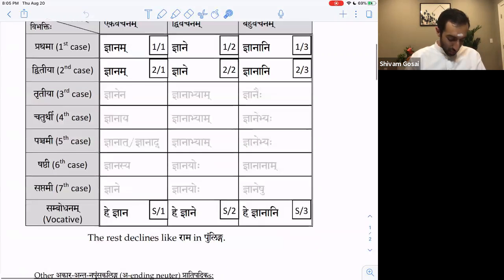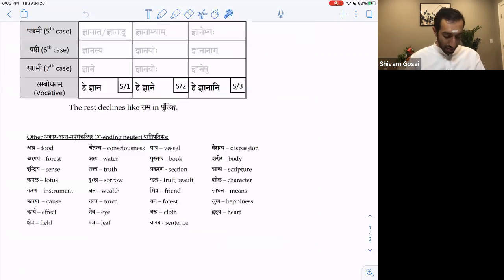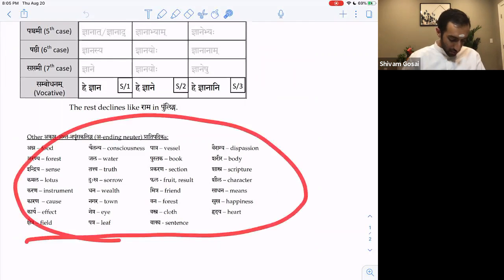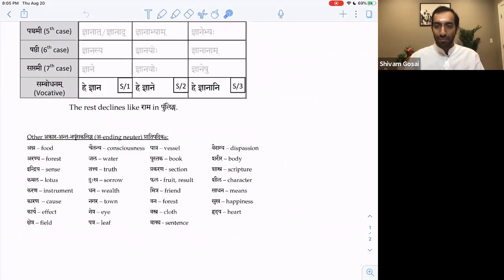So for homework, what we'll do is, look over these words. Okay. Look over these words. So Anna, Chaitanya, try to get familiar with these words.